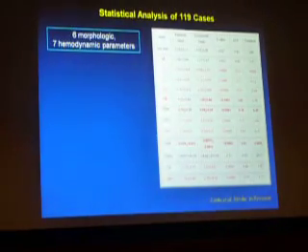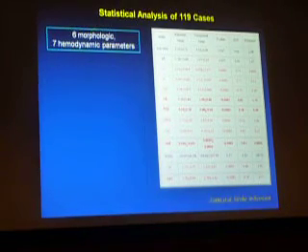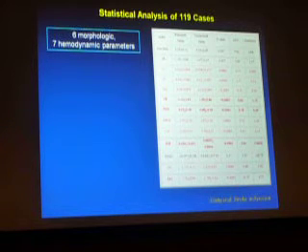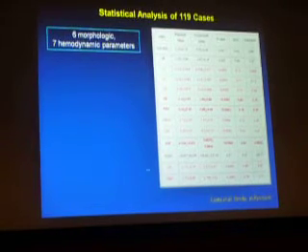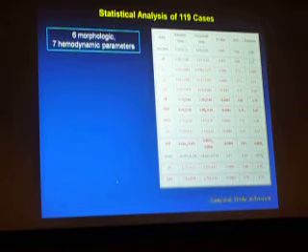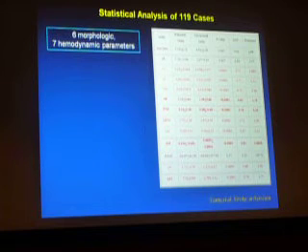The statistical results here, we put them together: size and aspect ratio and undulation index, elliptic index, size ratio, and then the rest are hemodynamic factors like shear stress, maximum shear stress, low shear stress area, OSI, shear stress gradient, number of vortices, and this is the residence time. The red ones are significant parameters in the univariate analysis, just one parameter at a time. So they are significant in separating the ruptured from unruptured.